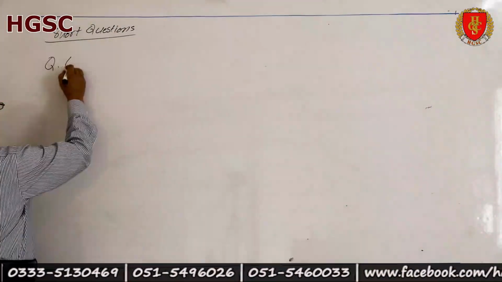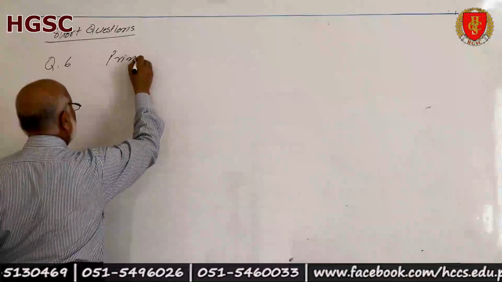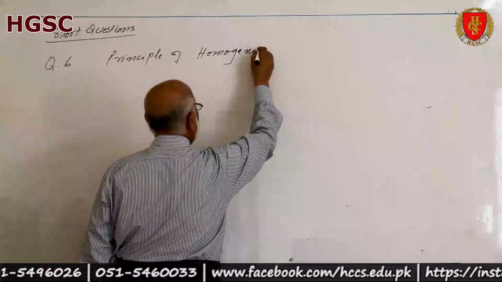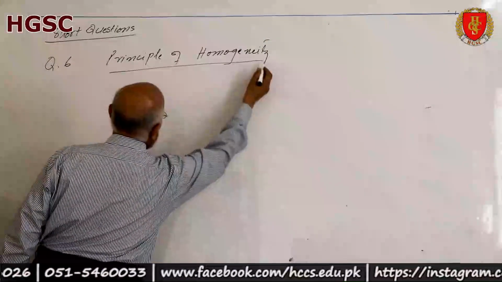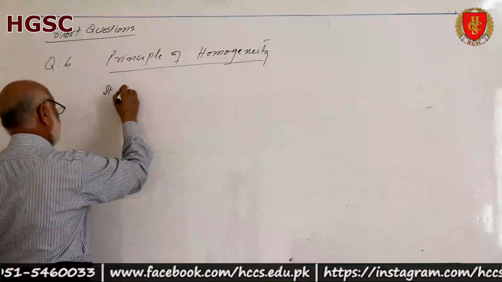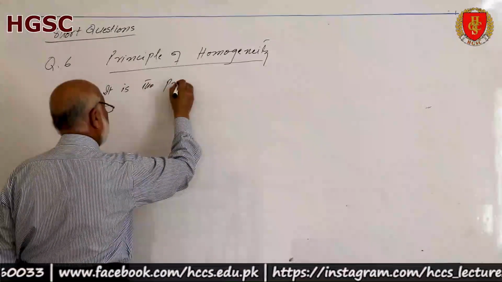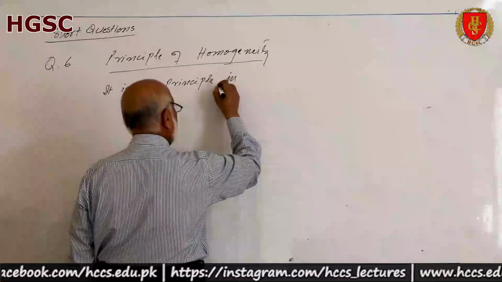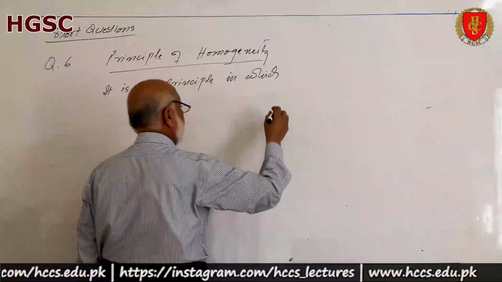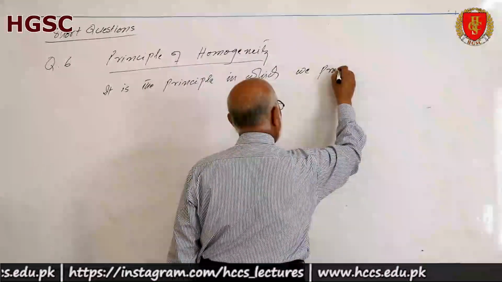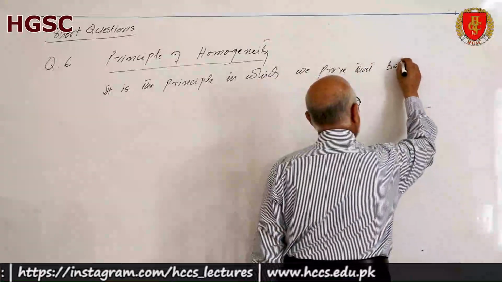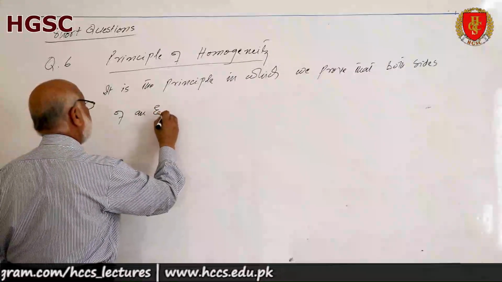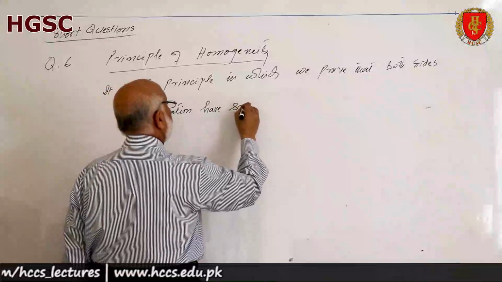Question number 6. Principle of homogeneity. It is the principle in which we prove that both sides of an equation have the same dimension.